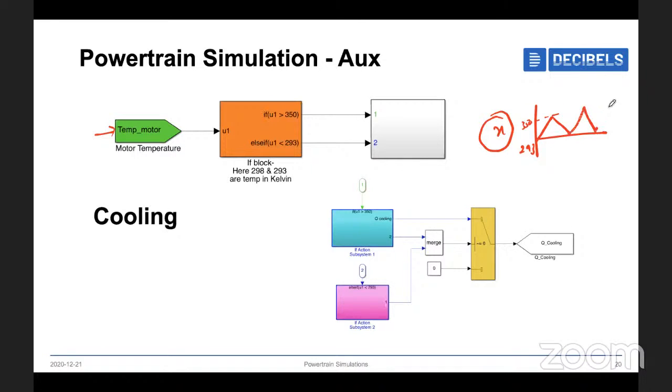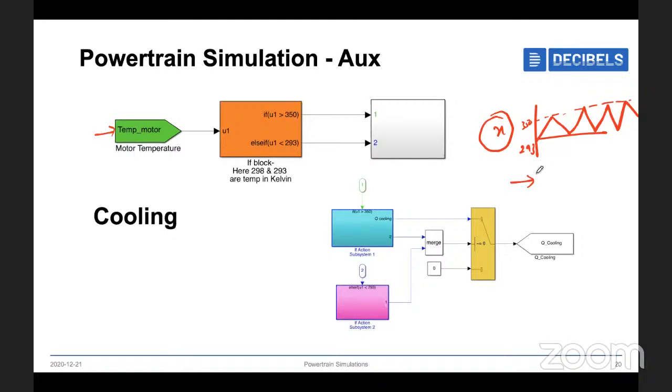So it will follow something like this. This is only for active cooling, which means you are controlling the coolant pump or the radiator and all the stuff. If you are going with passive cooling, the pump will always be on, and you'll be continuously sending the coolant.